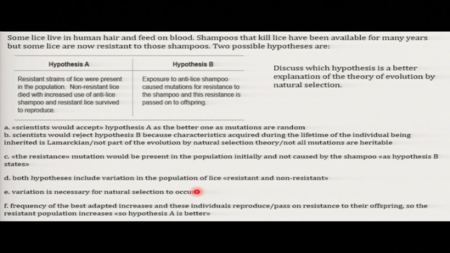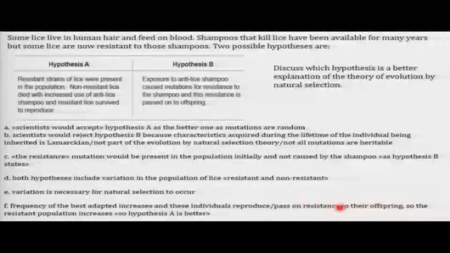We must have differences. And F, that the frequency of the best adapted would increase and these individuals would reproduce or pass on to the next generation. What does that mean? That the resistant population will increase, which again takes us back to A.